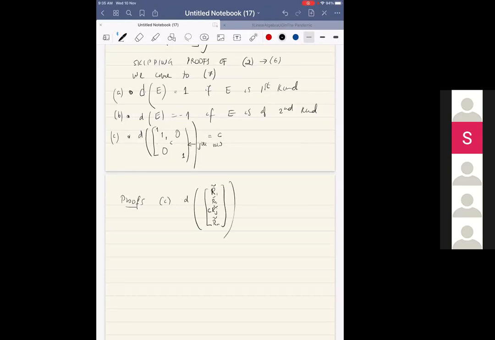So basically the claim is that 1, 1, blah, blah, blah, C, 1, where C occurs at the intersection of the jth row and the jth column, is like this: R1 tilde, R2 tilde, C Rj tilde, Rn tilde.